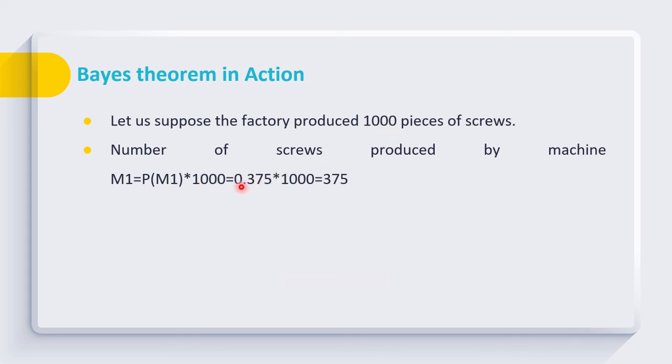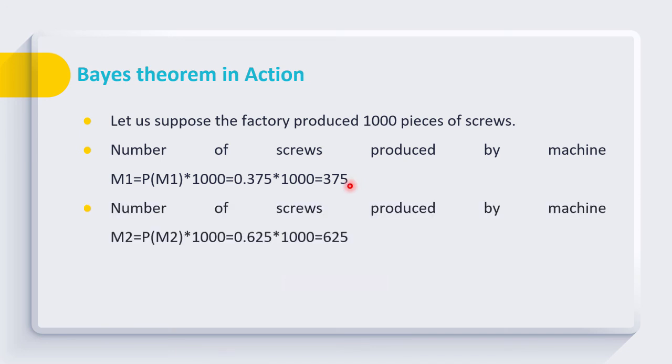Since the probability that screw is manufactured by machine 1 is 0.375, so 375 screws would be produced by machine M1, while the number of screws produced by M2 will be probability of M2 into 1000, which is 0.625 multiplied by 1000, it will be 625. So 375 are manufactured by machine M1, while 625 are manufactured by machine M2.